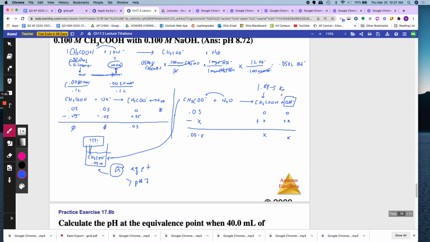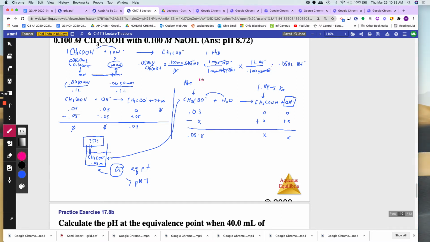Right now it's not acting as an acid, it's acting as a base, so you need to find Kb. Kb is equal to 1E negative 14 divided by 1.8 E negative 5, which is equal to 5.6 E negative 10.